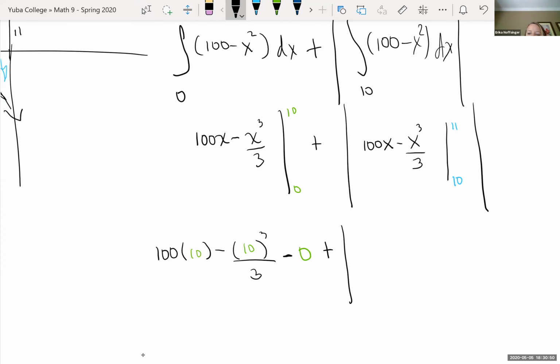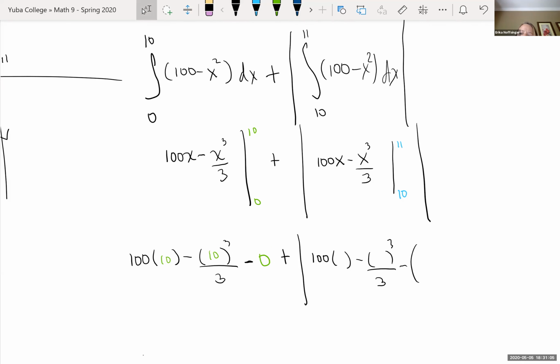So we have 100 times 11 minus 11 cubed over 3, minus, and we need parentheses around this whole thing, when we plug in 10, we have 100 times 10 minus 10 cubed over 3, and our absolute value.